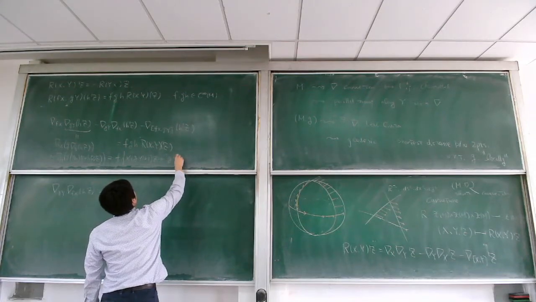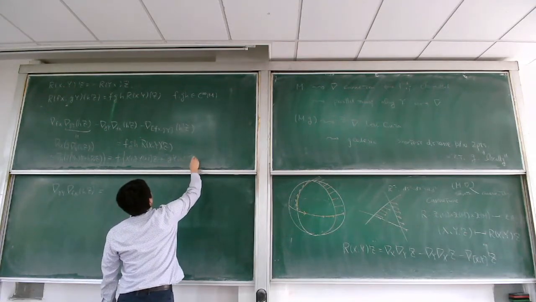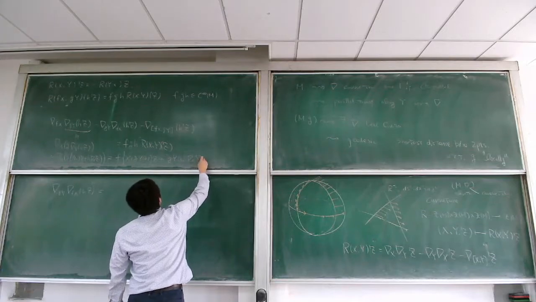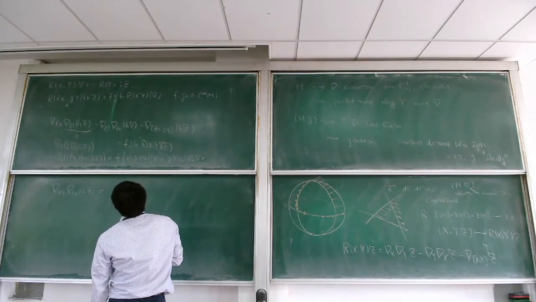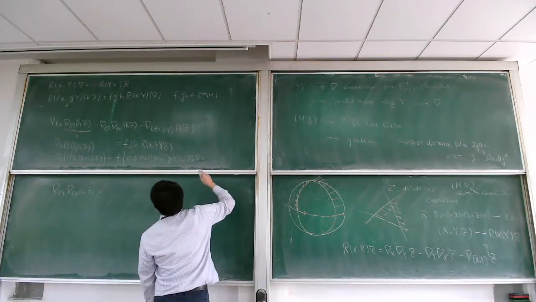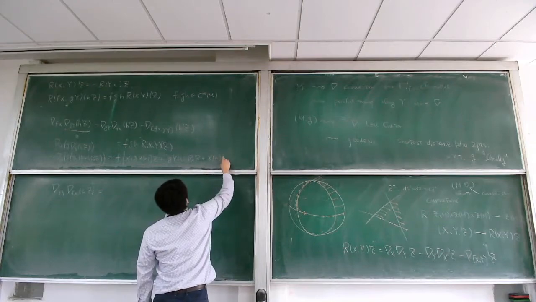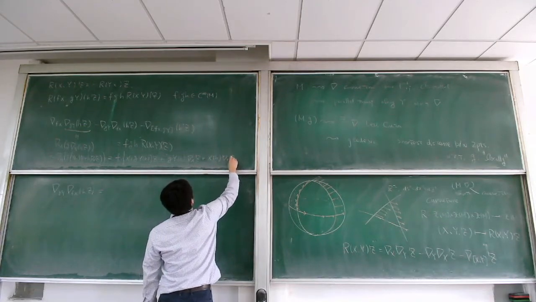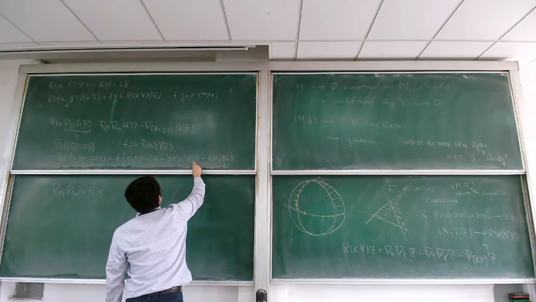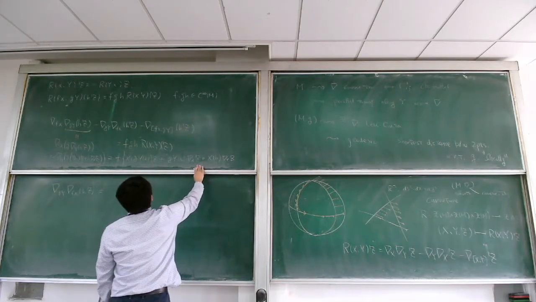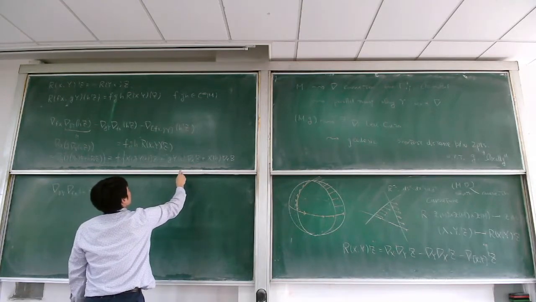G Y(H) nabla X Z plus next is X(H) nabla Y Z plus, okay, I made a huge mistake in that case.